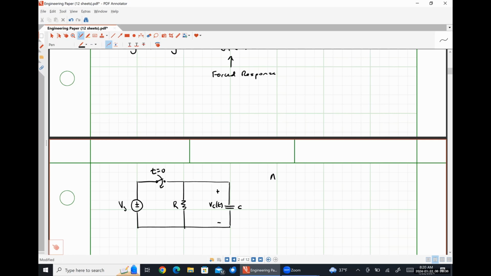So at t is equal to 0 minus, what should our capacitor voltage be? At t is equal to 0 minus, our switch is an open circuit. So this should be pretty easy to figure out. What should the value of the voltage drop across the capacitor be if the voltage source was never connected to the capacitor? 0 volts.